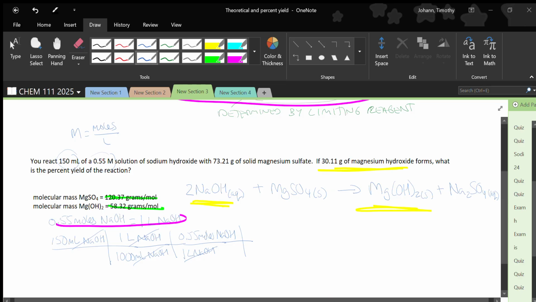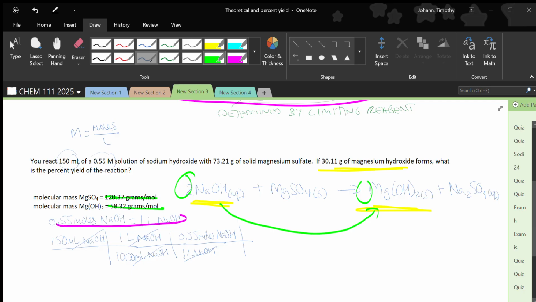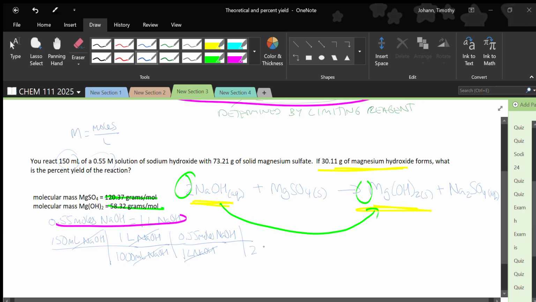Now I need to figure out, if I have that many moles of sodium hydroxide, how many moles of magnesium hydroxide will I get? And I'm going to use these coefficients here to go from moles to moles. So if I have 2 moles of sodium hydroxide, excuse me, that's going to give me 1 mole of magnesium hydroxide.